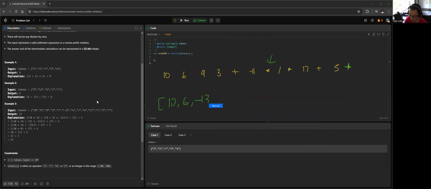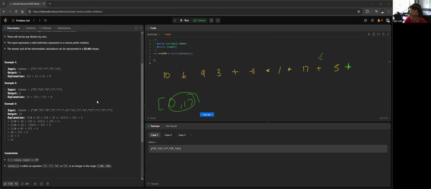So negative 132. Now we have divide, so we pop off the last two, do the operation, and if it's 0 we push it back. Now we have multiply, so we pop out the last two, do the operation, and add it back. We just have 0 here. Now it's 17, now plus, an operator.